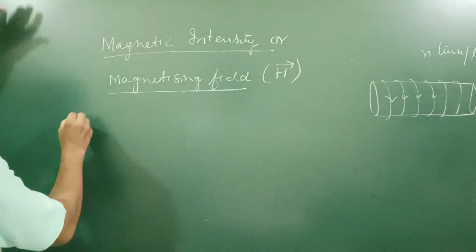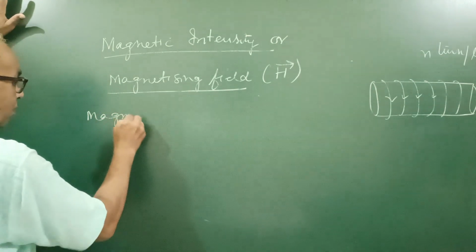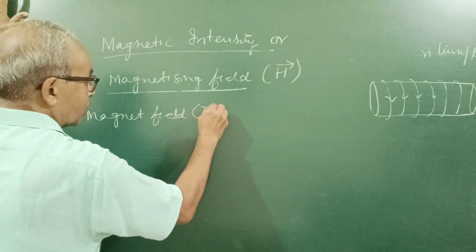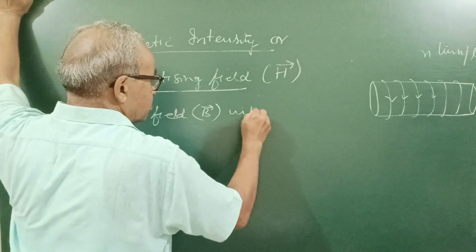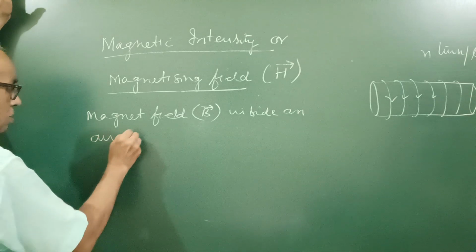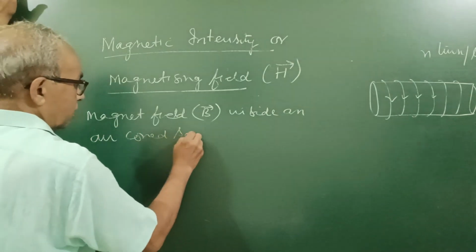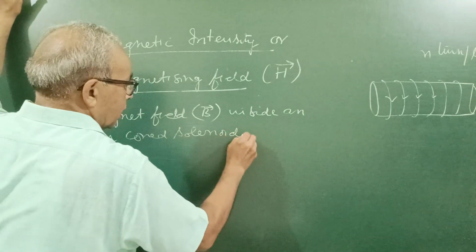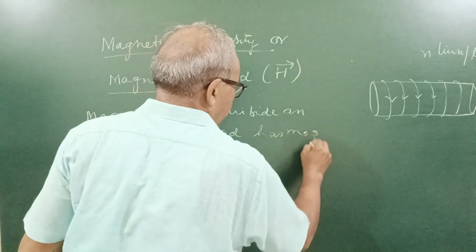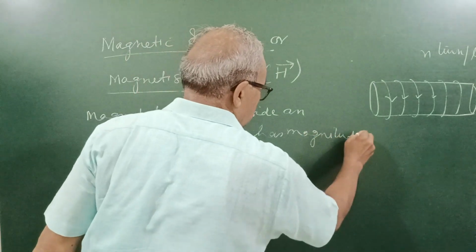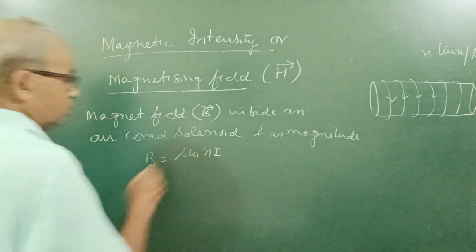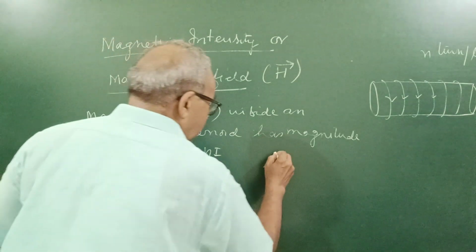तो magnetic field, जिसको हम कहते हैं B vector, inside an air cored solenoid has magnitude B equal to mu 0 small n I. Here small n क्या है?